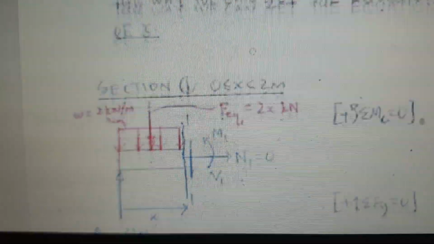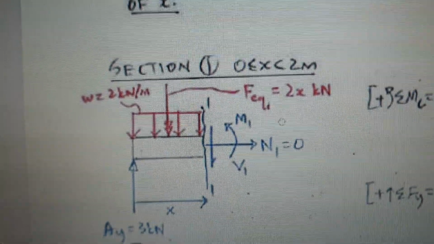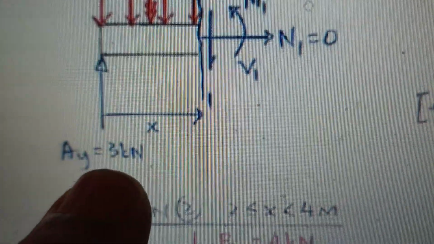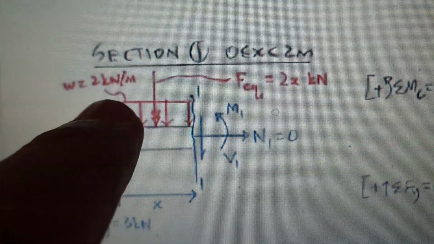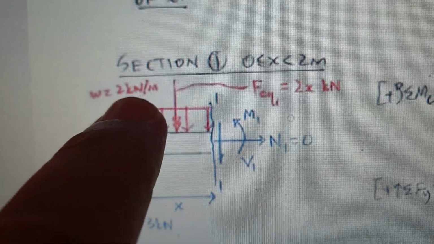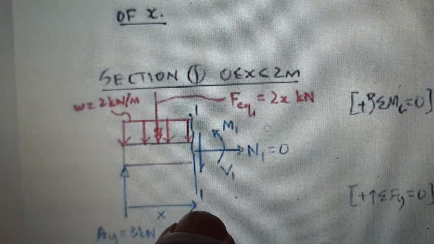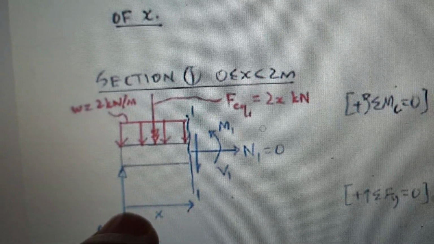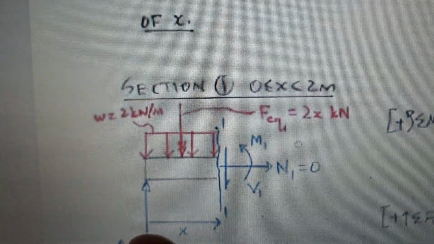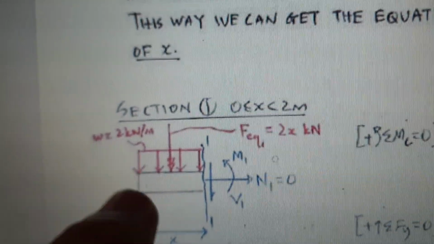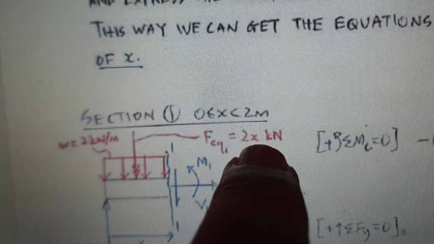Taking this side, you have AY, 3 kilonewton, and this is the distributed load, 2 kilonewton per meter. Since you have a section, we will take this one as an X. So 2 times X, so it's 2X kilonewton.